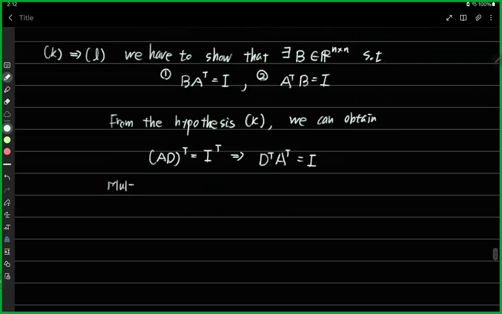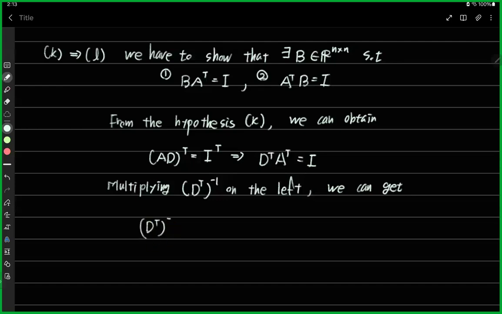Now what are you going to do? Multiply D transpose inverse on the left. Then we can get D transpose inverse, and then D transpose A transpose is equal to D transpose inverse and I, right?